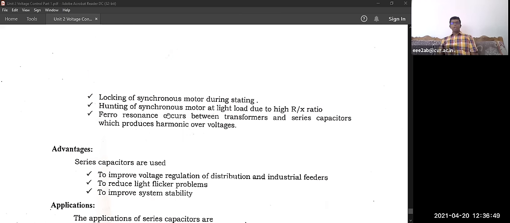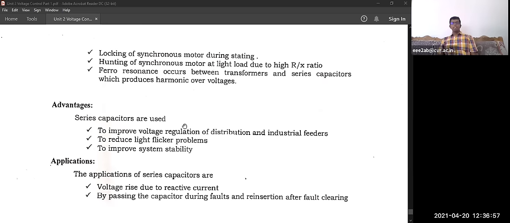Ferro resonance also occurs between the transformer and series capacitor, which produces harmonic overvoltages. That is 2 times: whatever voltage is sent at the sending end, the receiving end receives 2 times the sending end voltage.